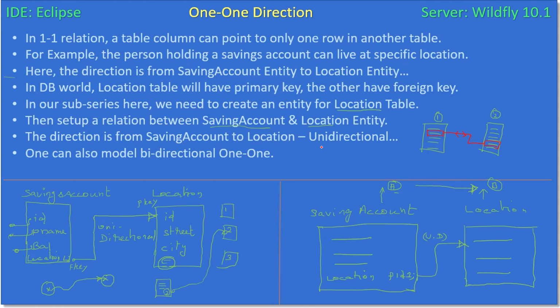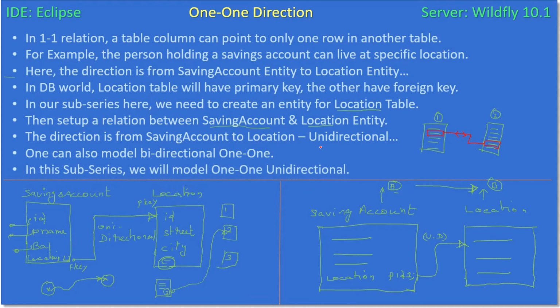Even though we are not going to implement bi-directional in our example, towards the end of this sub-series we will provide you an idea of how to establish a bi-directional relation. Also, we will give an idea of how to traverse in a bi-directional relation.